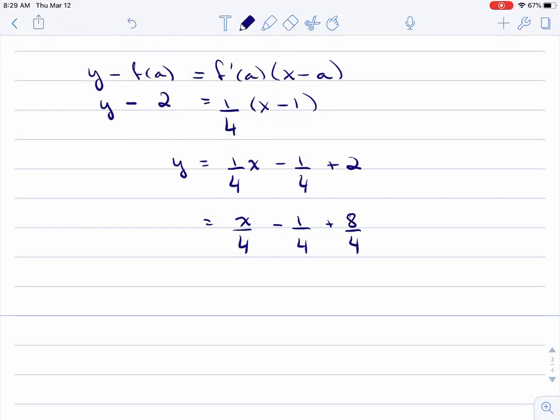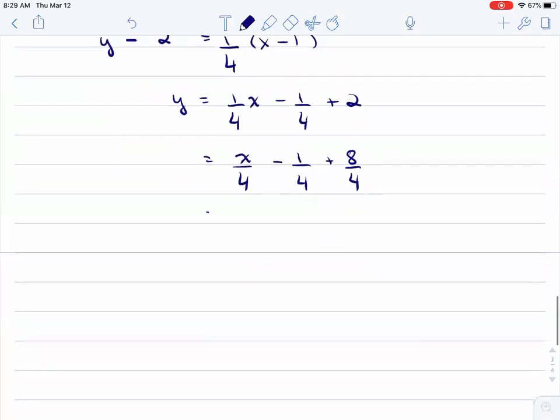You get 2 times 4 is 8 over 4. I just skipped showing that step. But now I'm going to have x over 4 plus 7 over 4.